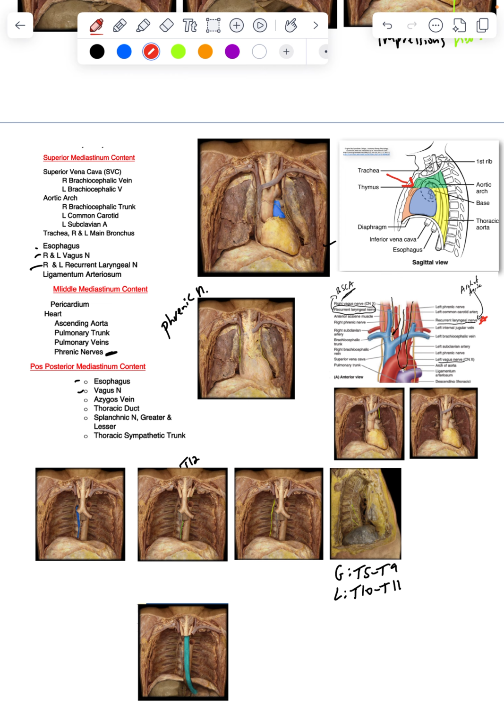So everything above this in the green will be superior. Everything below all 3 of these are inferior. But then your inferior gets separated into anterior, middle, and posterior. So all 3 of these are all inferior.